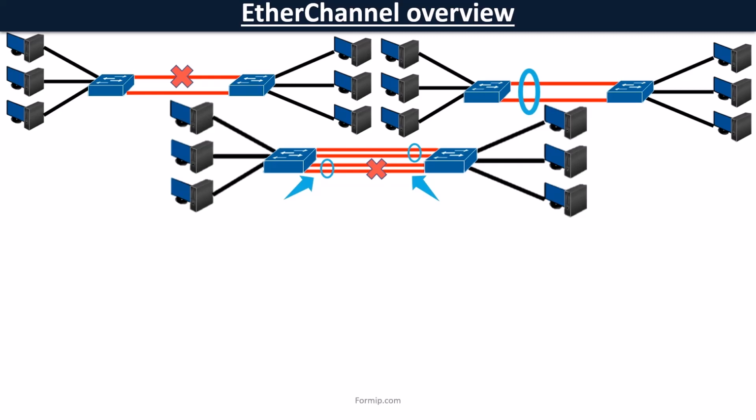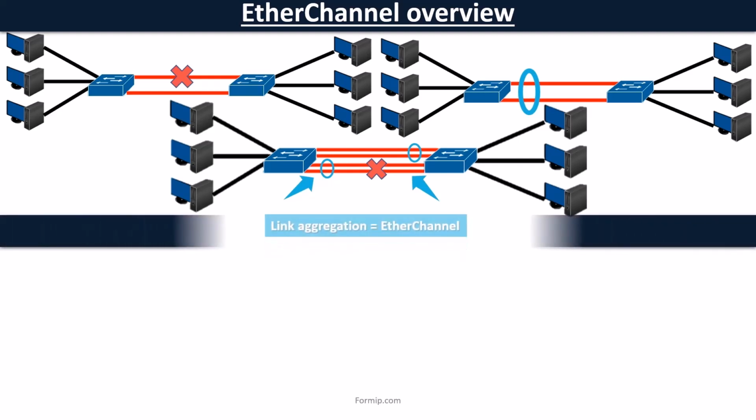Another advantage of EtherChannel is its configuration, as it allows several physical links to be grouped together. If we make changes to the EtherChannel port configuration, all the ports that belong to this link will be configured automatically. In addition to providing redundancy, EtherChannel can also do load balancing.